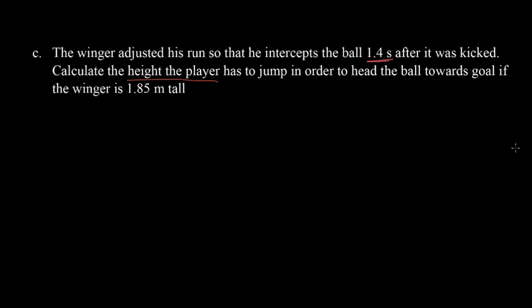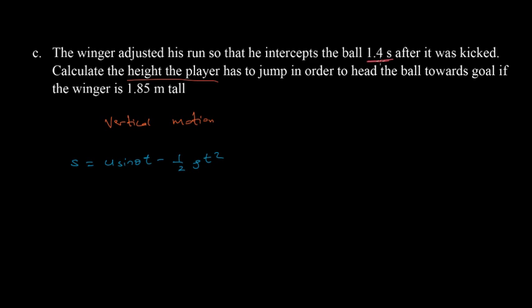So we need to know how high in the air the ball would be. Let's consider some vertical motion. Let's say we use S is equal to U sine theta multiplied by T minus a half G T squared.